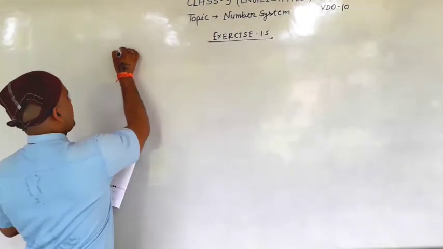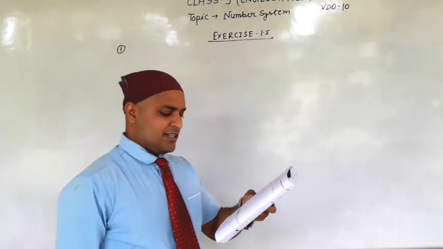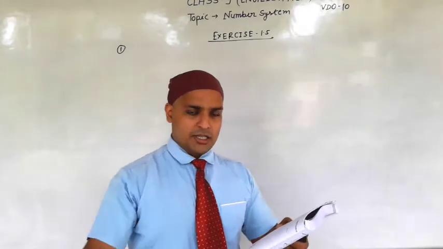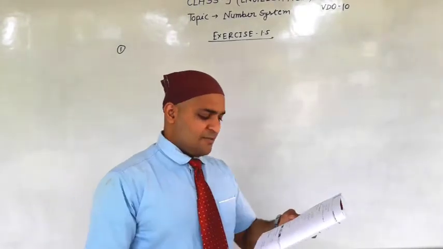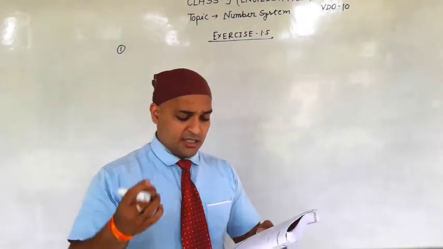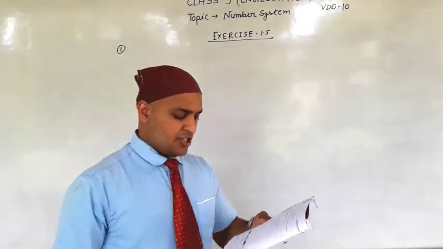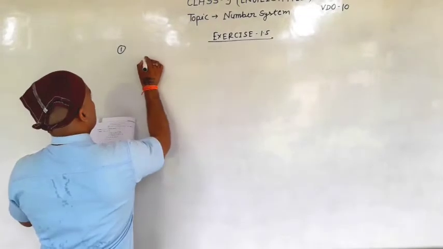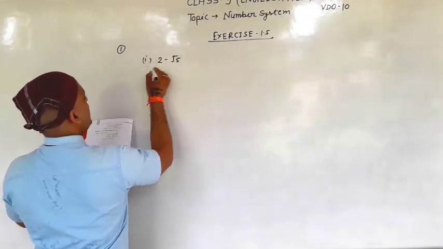Question number 1 is: classify the following numbers as rational or irrational. You have to identify which number is rational and which number is irrational. So in question number 1, the first is 2 minus root 5.